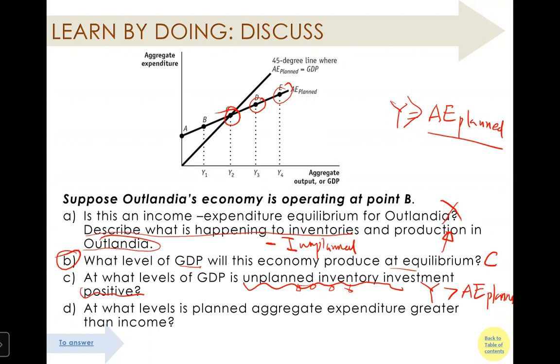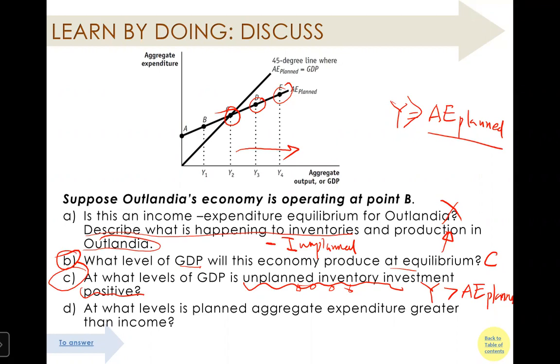So the answer for part C is any point on this side: you have a positive unplanned inventory investment. It means you produce too much, you overestimate, and you will start piling up your inventory investment.